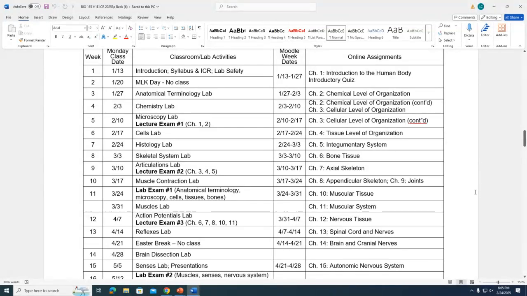I probably have more copies if you didn't bring yours. But I know we can look at that, and we can set up a few microscopes over here and look at some tissues that you should be familiar with seeing under a microscope.